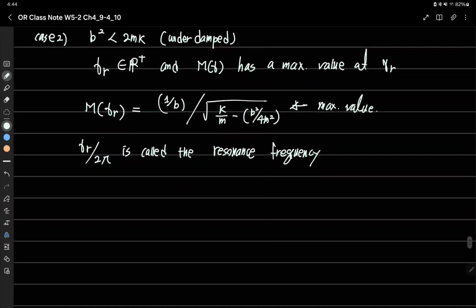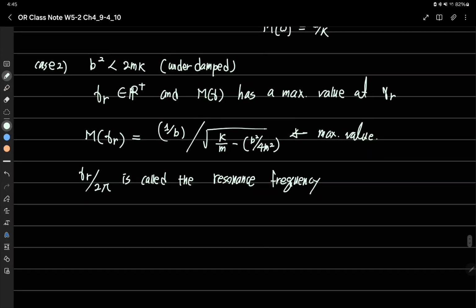So to illustrate the effect of the damping constant b on the resonance curve, we consider m and k equal to 1. Okay, so we set all other parameters to 1 except for b, and then we vary the value of b to see how the damping constant b affects the resonance curve.